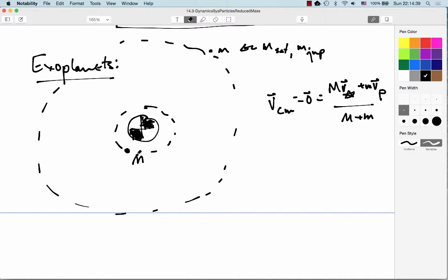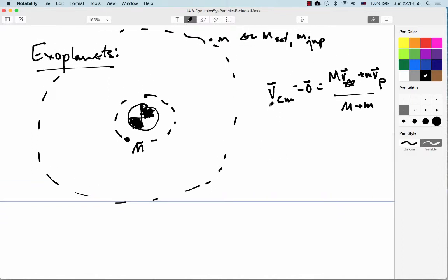I'm hedging here because you don't know the tilt of the orbital plane relative to your line of sight, and so you usually just use this to get yourself a bound on the mass of the planet. But you can do some other tricks too. Anyway, the velocity of the planet would be minus M over m times the velocity of the star.